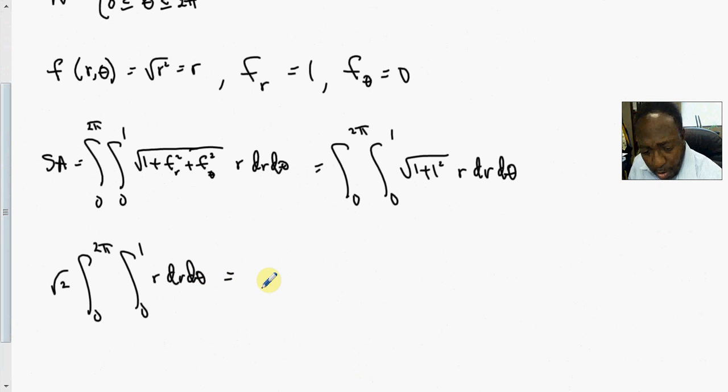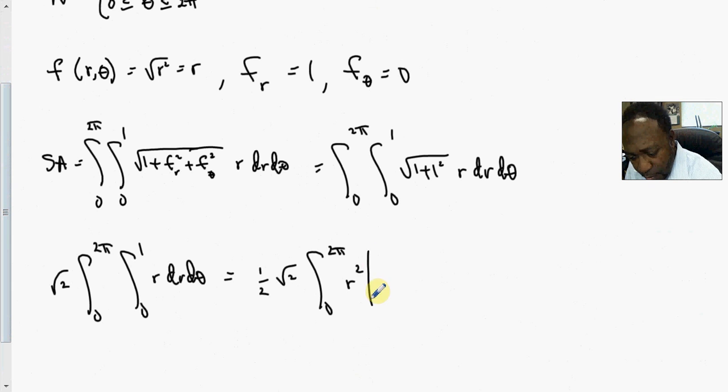Integrate with respect to r, so we get the square root of 2 times the integral from 0 to 2 pi of r squared over 2, I just put the 1/2 there, evaluated from r equals 0 to 1, d theta. Well, a little bit better.